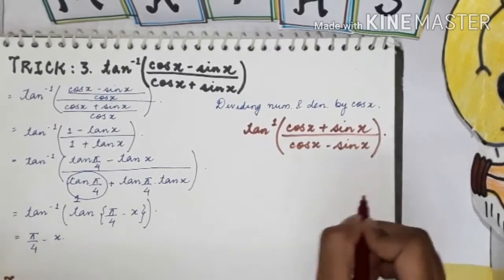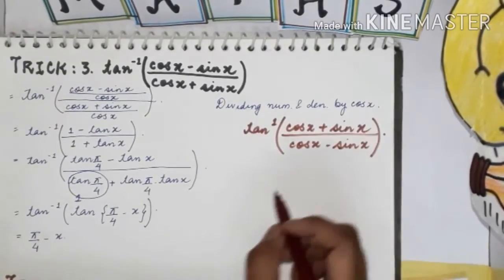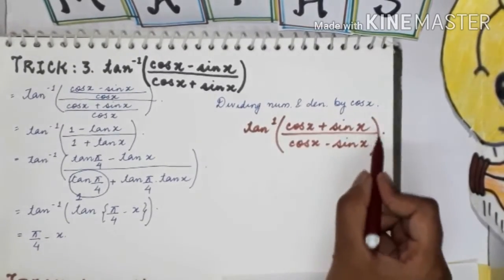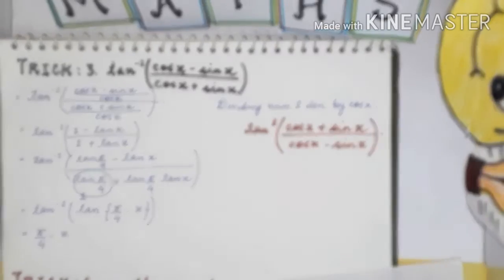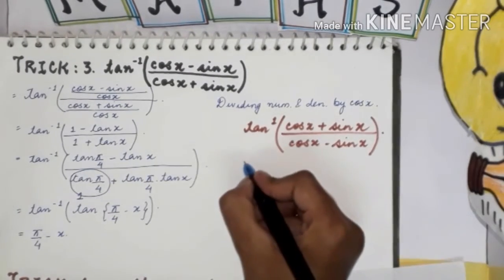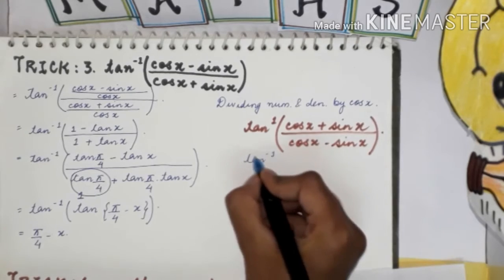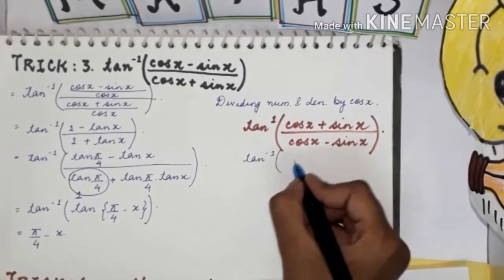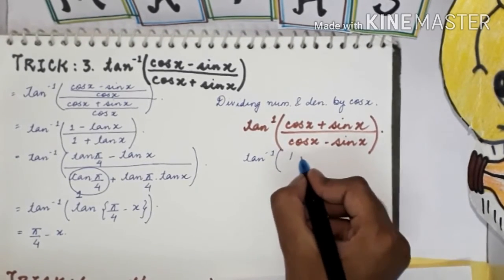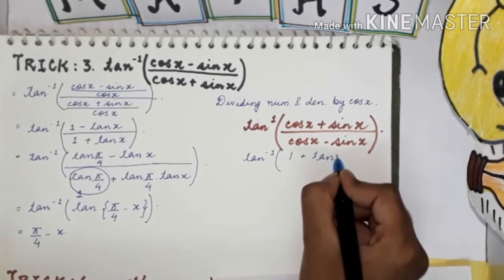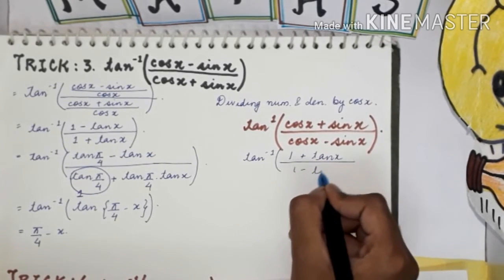Then also there is no need to panic. Just need to do the same step. Divide numerator and denominator by cos x. Then what will you get? There is just difference in sign. It is 1 plus tan x upon 1 minus tan x.